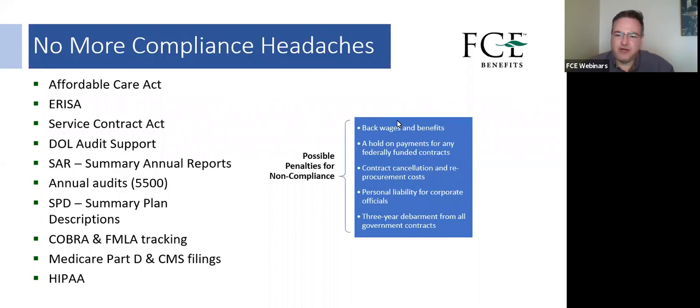Let me ask one thing that's kind of unique. When a company does this themselves and they're doing this true up reporting, they're not able to take a fee for the work that they're doing for those services, and they're typically spending somebody full-time or half-time or part-time. But when you outsource it to a third-party administrator, our fees come out of the health and welfare fringe dollars and are designed that way.